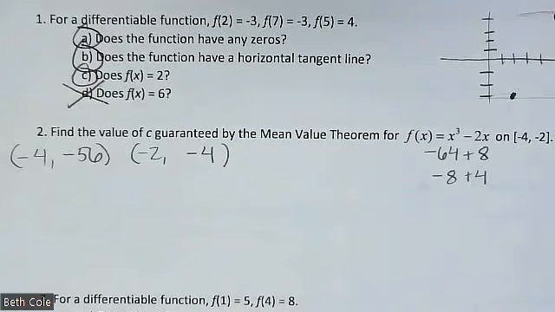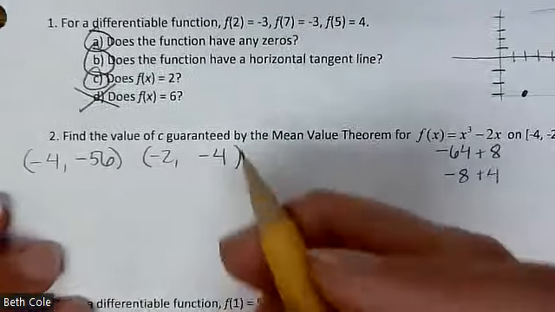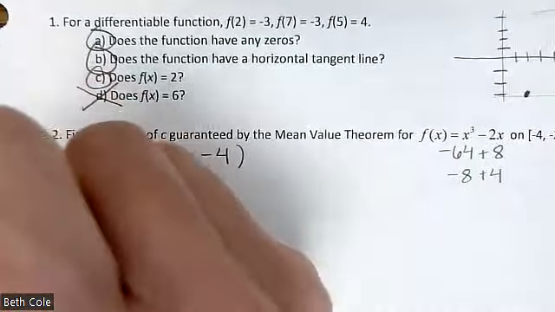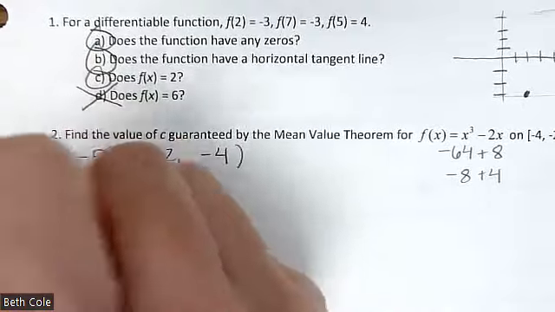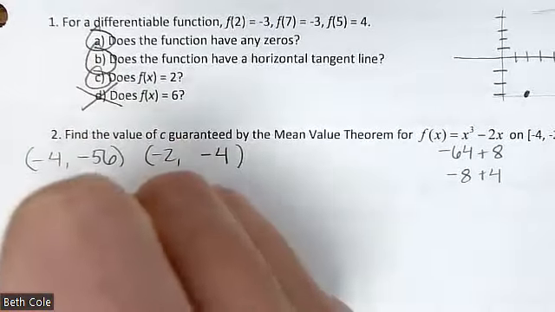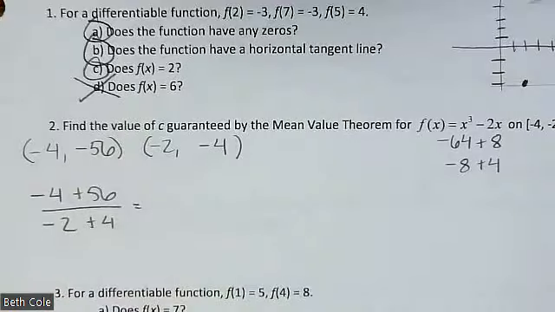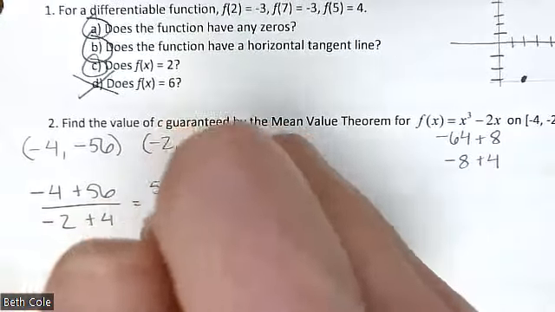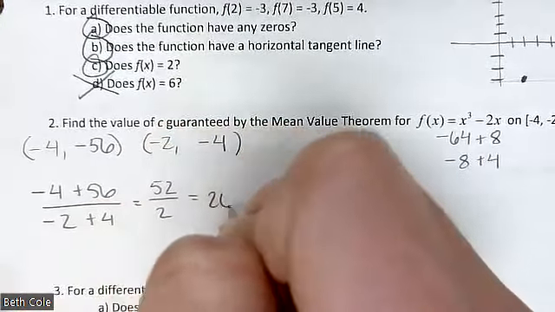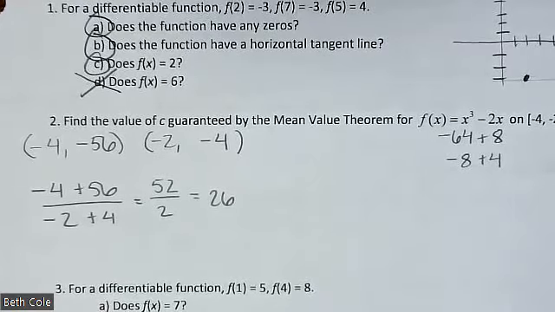Wow, they're all negative, so be really careful here. When you go to do your slope, -4 plus 56 over -2 plus 4. So that would give you 52 over 2, 26. Good. Okay, so we're like halfway there.